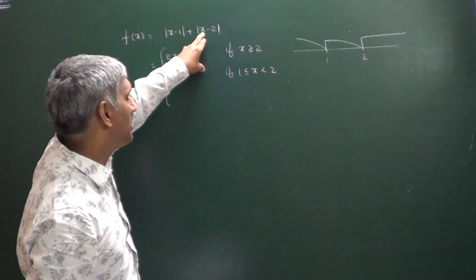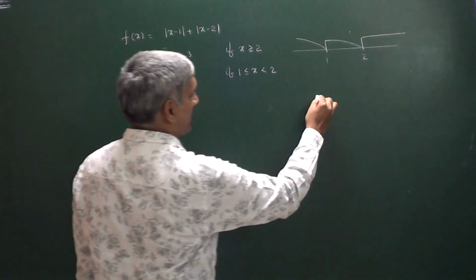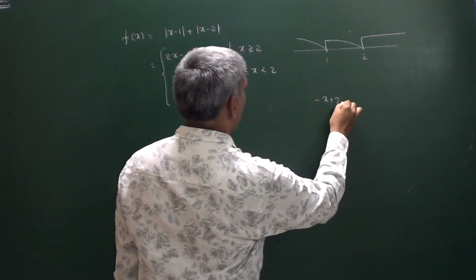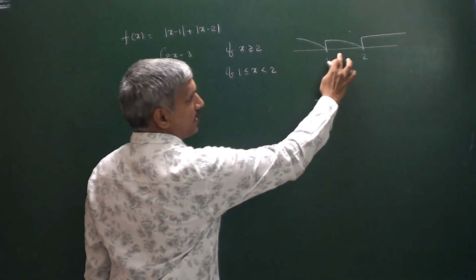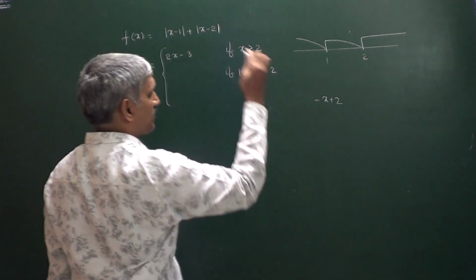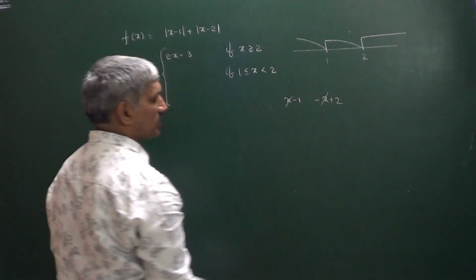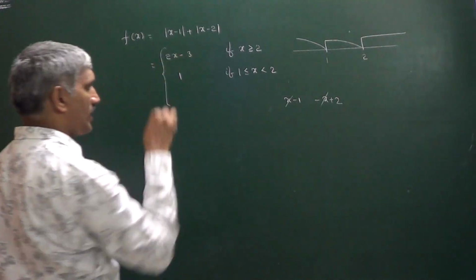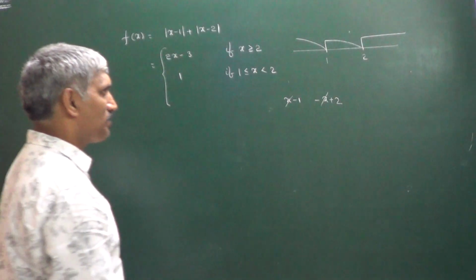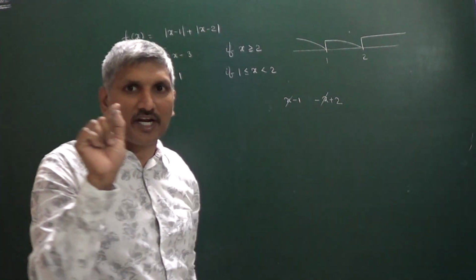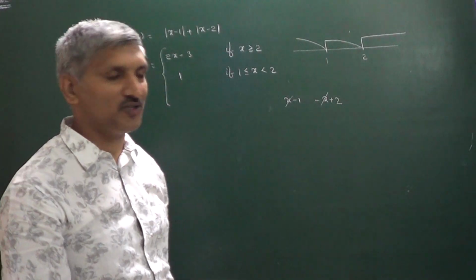Less than 2 means it becomes negative. That's why you will get minus x plus 2. Since these values are greater than 1, that becomes positive, x minus 1. So now plus and minus cancel, we are getting 1. Right? So that means between 1 and 2, we are getting a straight line y equals 1.